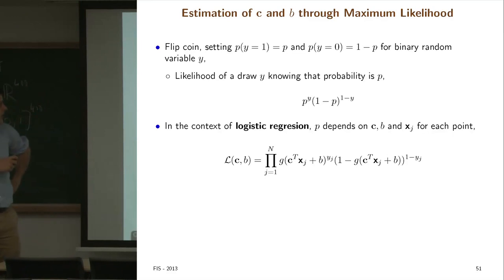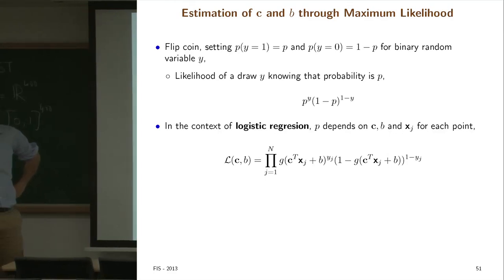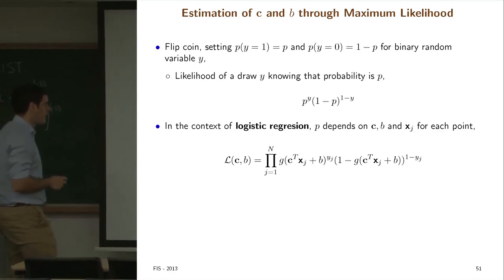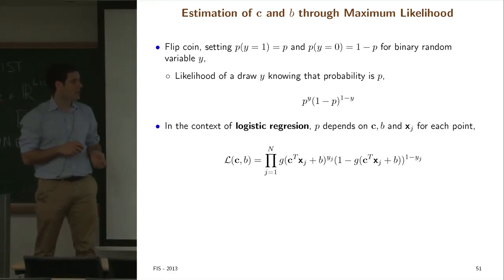Imagine that you're flipping coins, and you set the probability that the coin is a head, or y equals 1, to p, and the tail is 0. Sorry, the probability that y equals 0 is 1 minus p. So it's a binary random variable. What is the likelihood of a draw y, knowing that the probability of y equals 1 is p, and the probability of y equals 0 is 1 minus p?